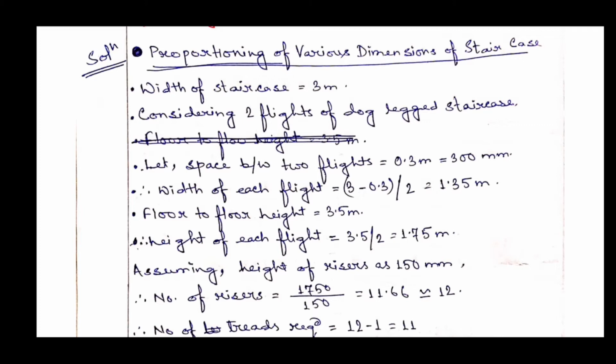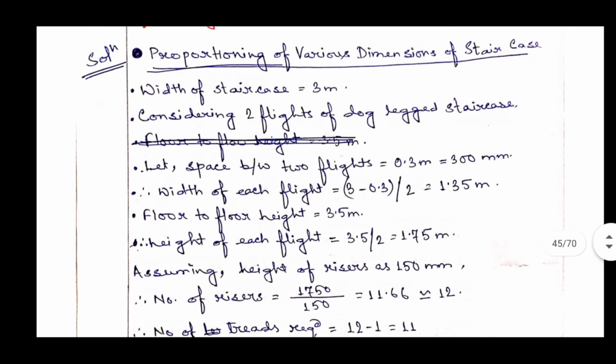This data is not given in the question, but we can assume it as 300 mm or slightly less than that. In this problem, I am assuming the space between two flights is 300 mm. Width of each flight is total 3 minus 0.3 meter, that is the space, divided by 2 for each flight, that is equal to 1.35 meter. This is the width of each flight.